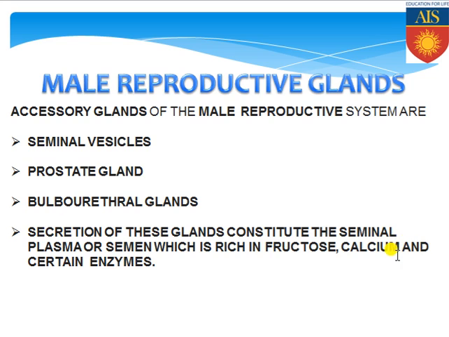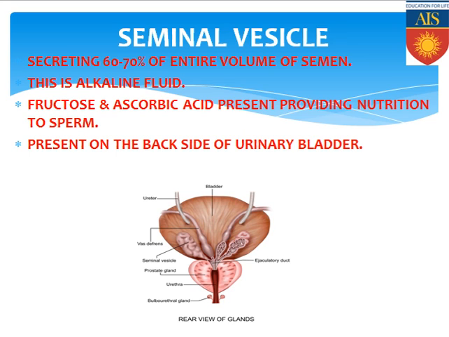It acts as the medium for sperm or spermatozoa transport through the male reproductive tract, as well as after entering the female reproductive tract also. This semen will help to transport the sperm up to its destination, that means up to the ovum. Now we are going to discuss each and every male reproductive gland.